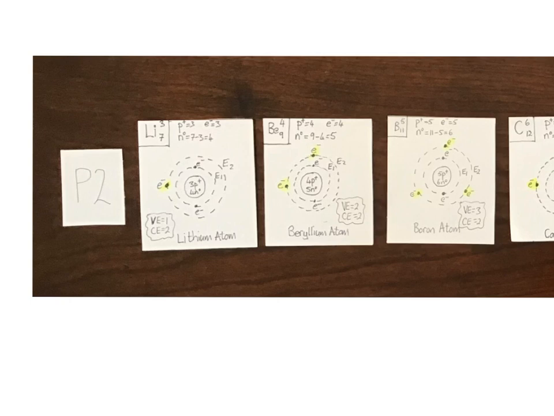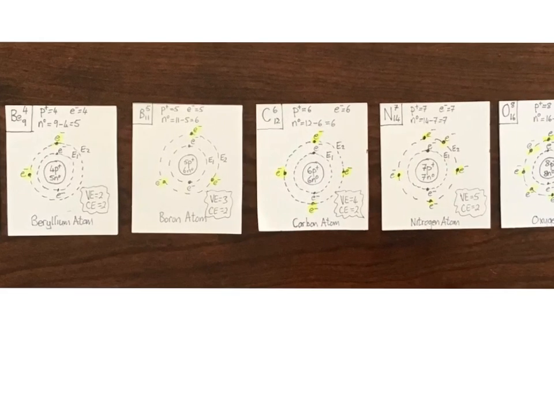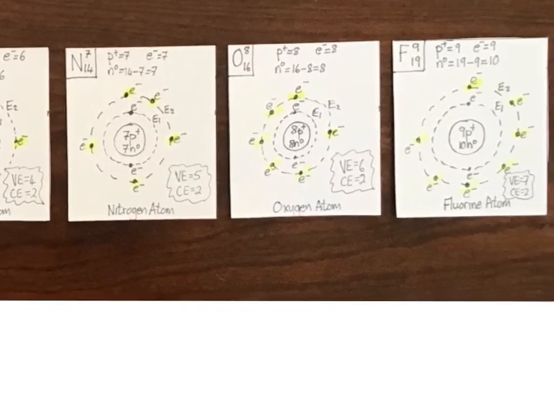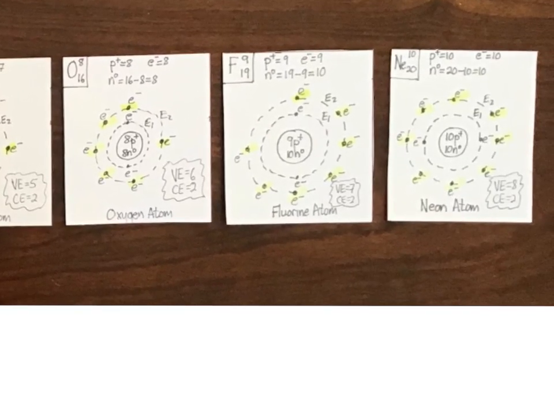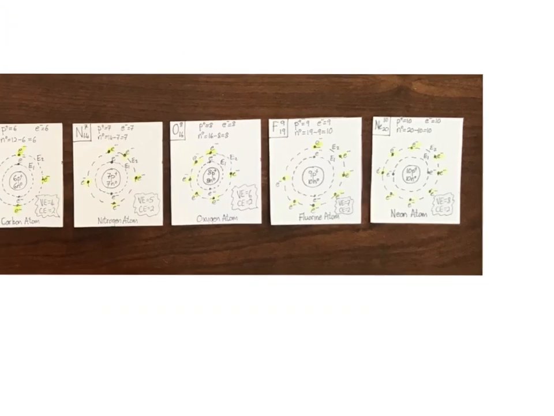You can see that in period 2 each of the atoms has 2 energy levels, and this holds true for all of them, all the way up to neon. So all these elements have atoms with only 2 energy levels, and while their number of valence electrons varies, the number of energy levels is constant.